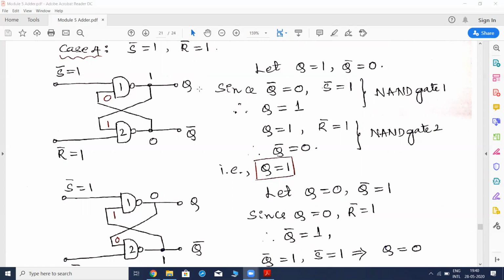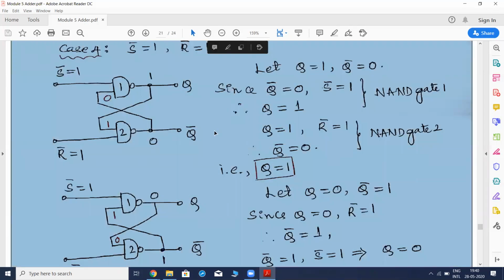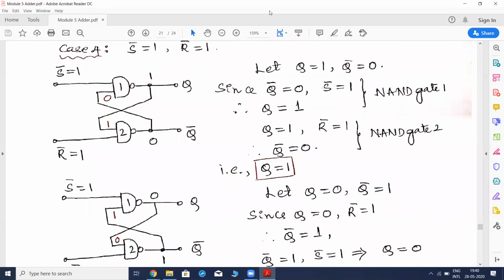In order to show the no change state, we have to assume a few things. The first thing we are assuming is Q equal to 1 and Q bar as 0.